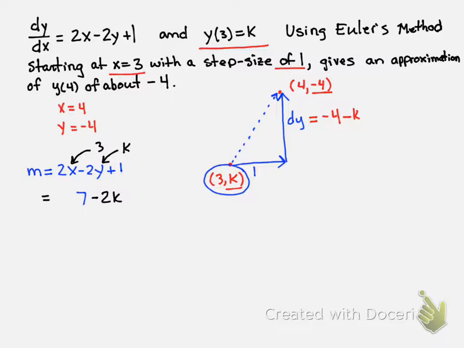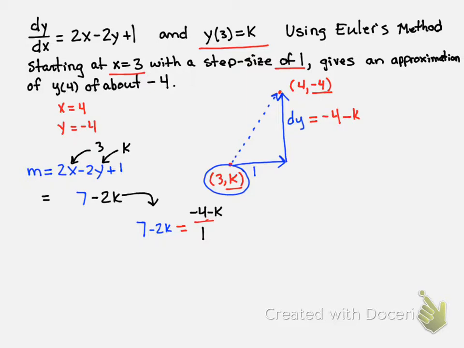Now I'll set up my equation. dy/dx equals slope equals change in y, or dy, over dx, and I'll replace everything I know. dx is 1. We just said our dy was negative 4 minus k. And we previously found our dy/dx to be 7 minus 2k.